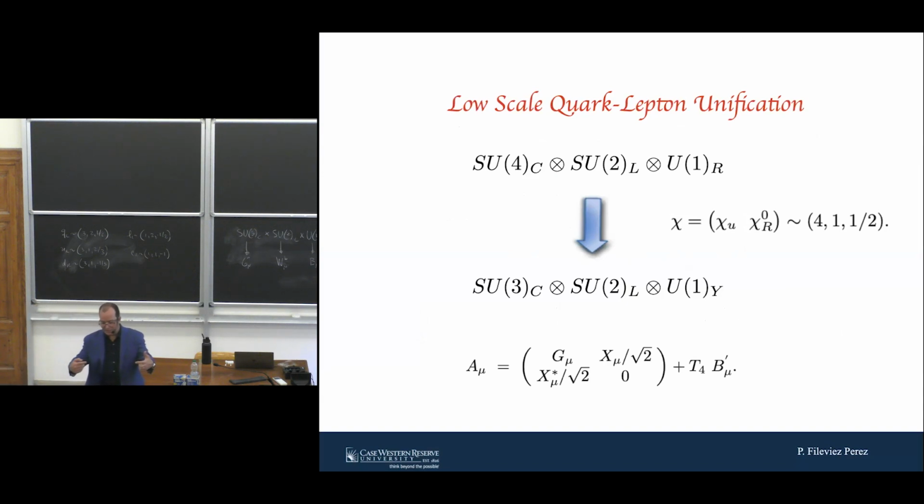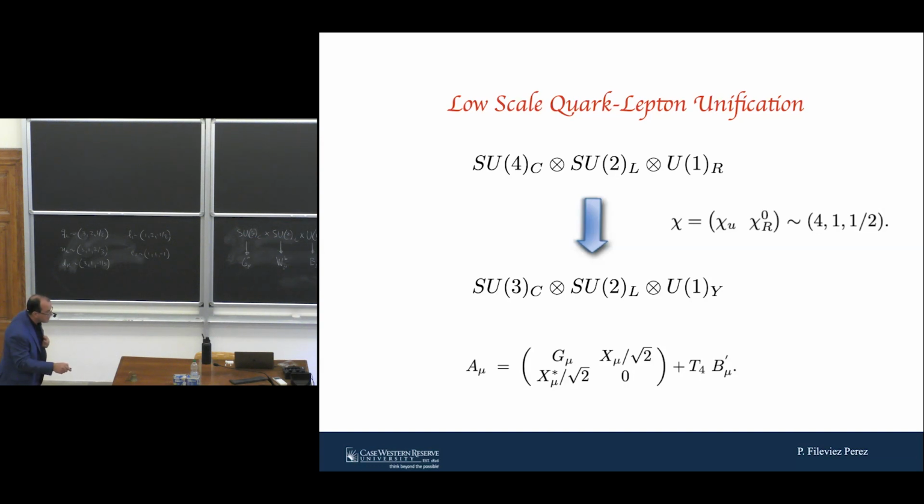The gluons live in a 3x3 matrix. Now you have 4x4, right? Then you have the gluons here, and you will get new gauge bosons there, predicted by the fact that your gauge field should be a 4x4 matrix. They are called leptoquarks because they will couple to quarks and leptons.